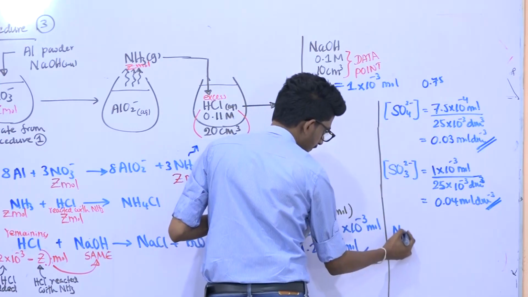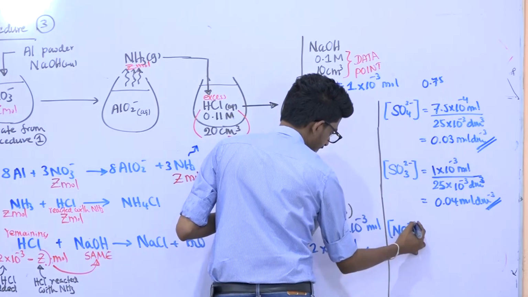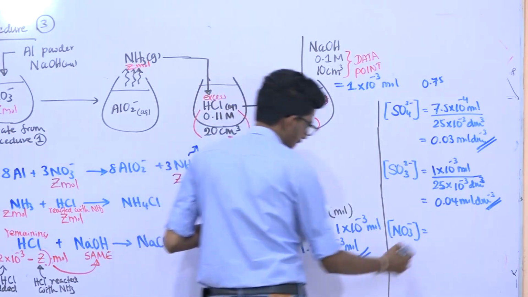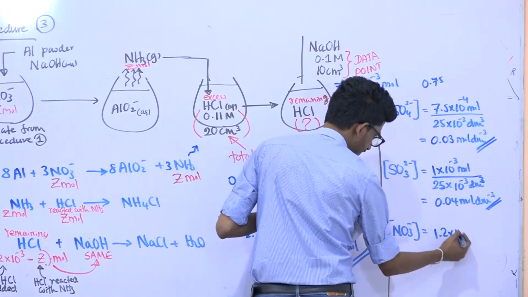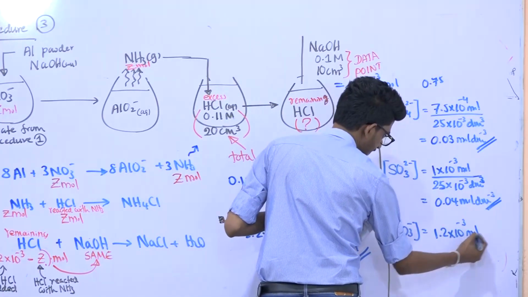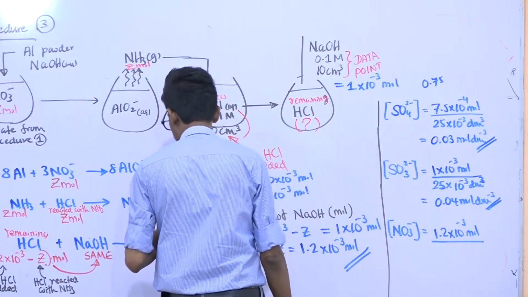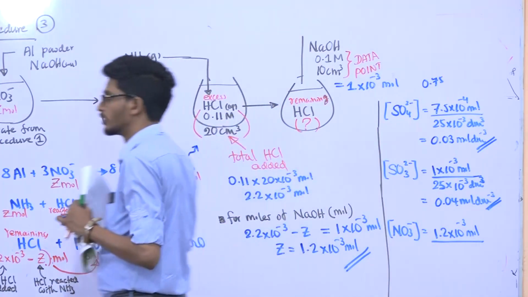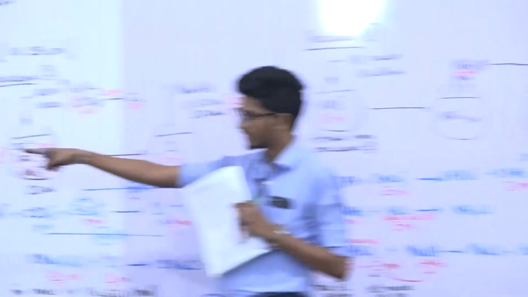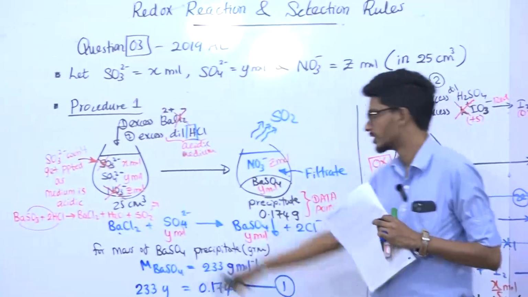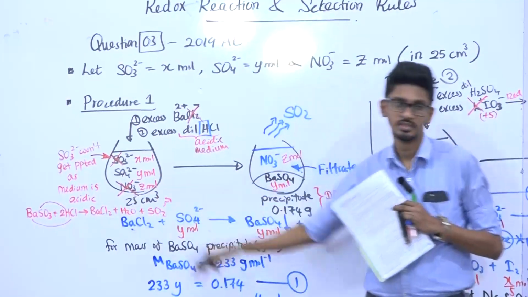Finally, the nitrate amount. Number of moles is this, divided by the volume. Z moles appeared with 25 cubic centimeters, right? Z moles appeared with 25 cubic centimeters, right? Okay.